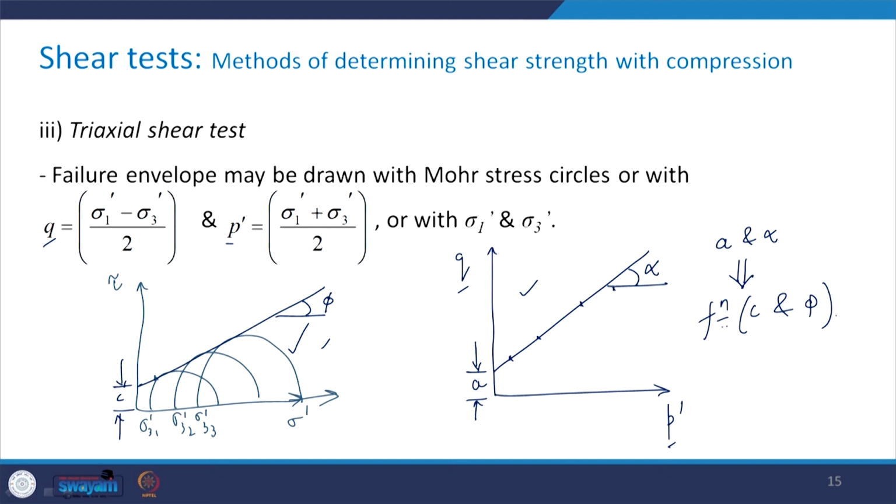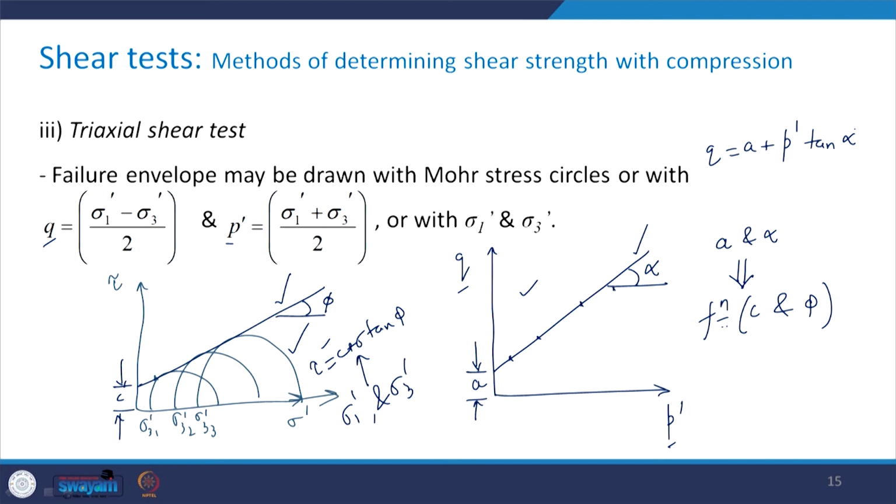You need to write the equation of this Mohr-Coulomb envelope, that is tau equal to C plus sigma tan of phi, and likewise here this can be written in terms of sigma 1 prime and sigma 3 prime. The equation of this straight line will be Q equal to A plus P prime tan of alpha.